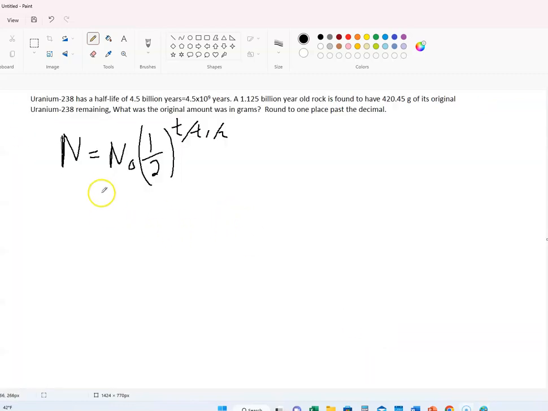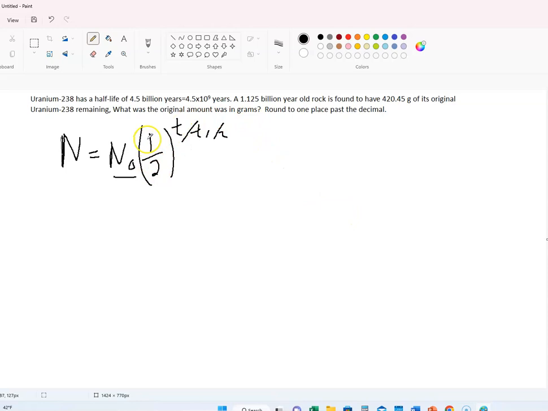All right, so with this particular problem, it's the same formula, but this time, what was the original amount? Really, what we're looking for is N sub 0, right? We're actually trying to solve this for N sub 0.